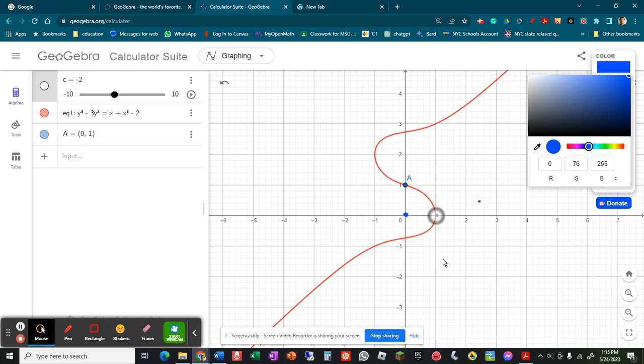When y is 0, I get this point. And when y is 2, which is this one, I get this point here. So it's between these 2 points. But again, if you don't want to follow the hint, it's okay. You can simply use GeoGebra and get your answer.